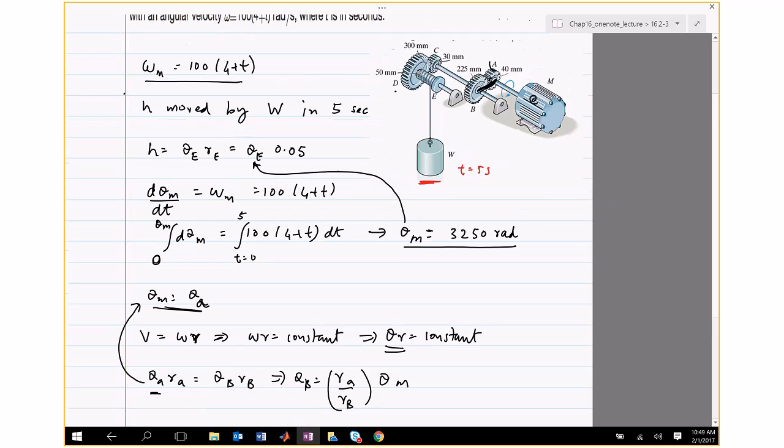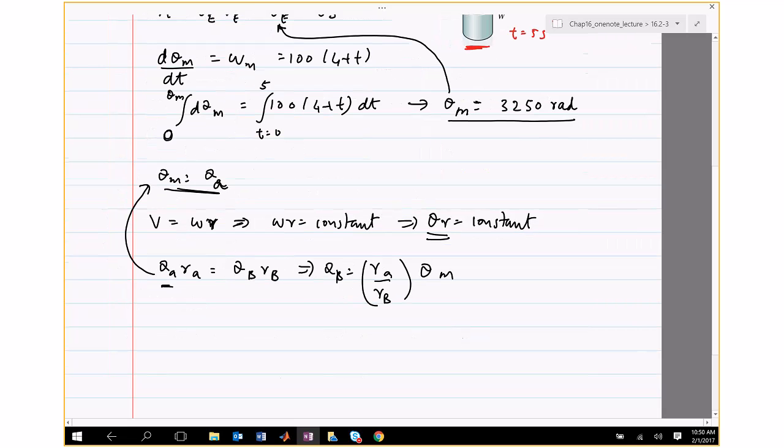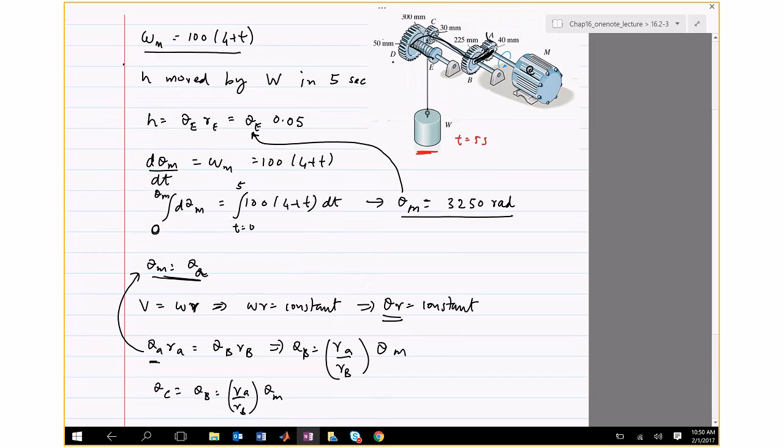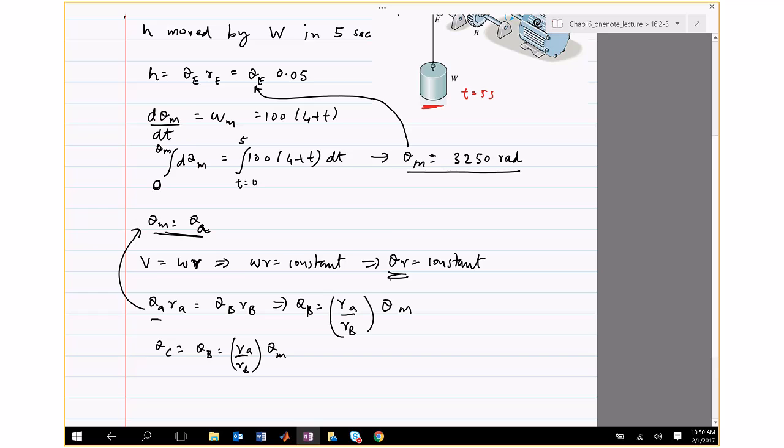So I know the angular motion of B. Now let me compute the angular motion of C. I'm going to work all the way to E. B and C are on the same shaft, so they have the same angular motion. So theta C equals theta B equals RA divided by RB times theta M. C and D are connected through gearing, so I can use this formula again.